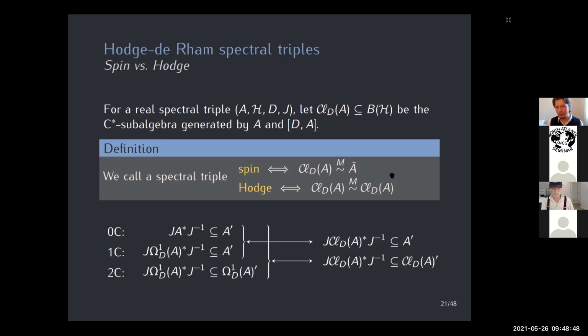So the key point. But I'm confused about the Hodge condition. What happens here? You are saying that two identical things are Morita equivalent? Yeah, as I was saying, it's always the case that in the abstract, two things are Morita equivalent.